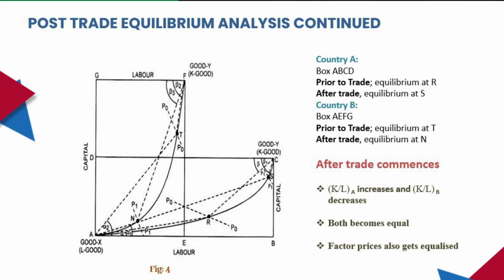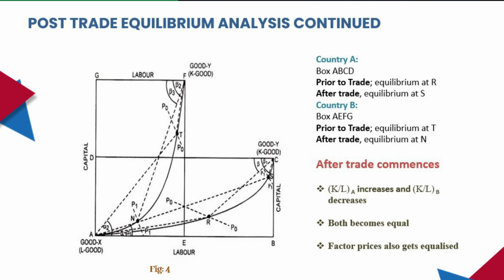And therefore, the capital to labor ratio will be the same for both the commodities in the two countries. And what happens? The factor prices also get equalized.